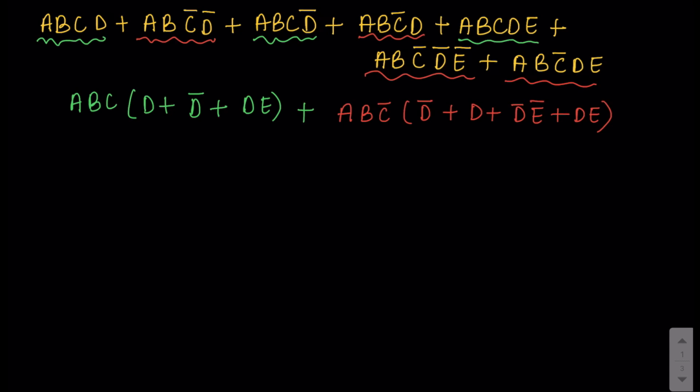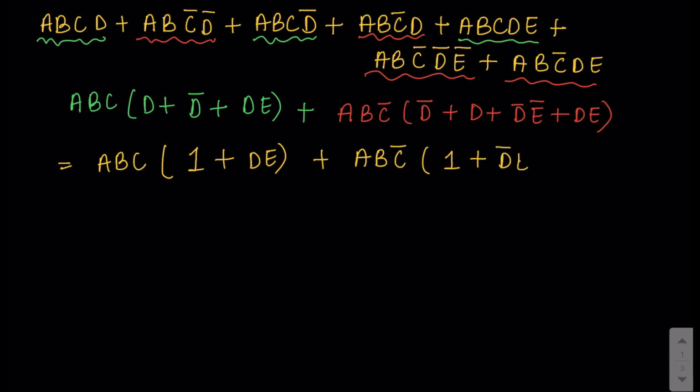Now when you solve it further, you get that this is equal to a b c, d plus d bar is 1 plus de. Again at this side also we have the same scenario, d bar plus d is 1 plus d bar e bar plus de. Now, as per the OR gate laws, if any one of the input is 1, then your answer is also 1. So this term and this term both reduce to 1.